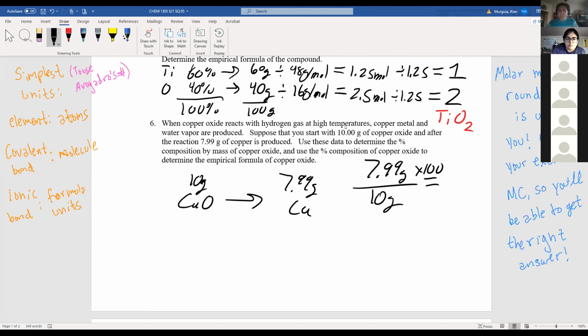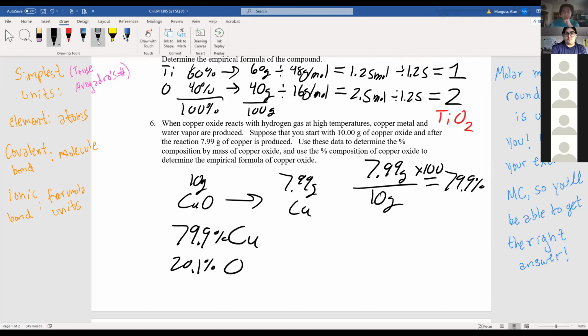So we see that this copper oxide is made out of 79.9% copper. So if copper makes up 79.9% of copper oxide, how can we get the percentage of oxygen? Subtract that from 100. Exactly. And what does that give me? 20.1. We get 20.1% of oxygen.